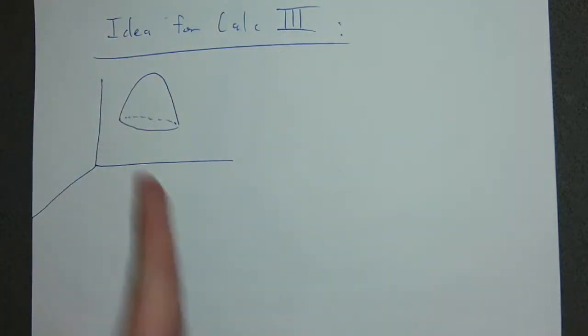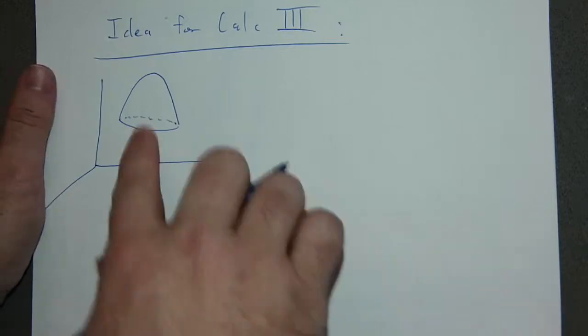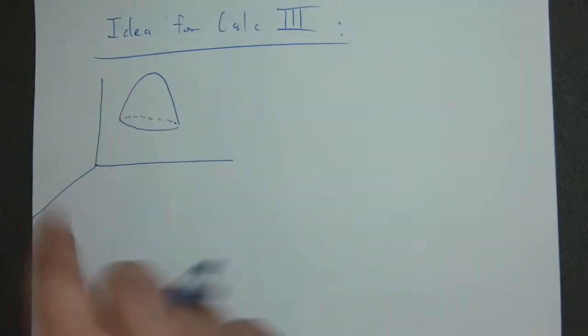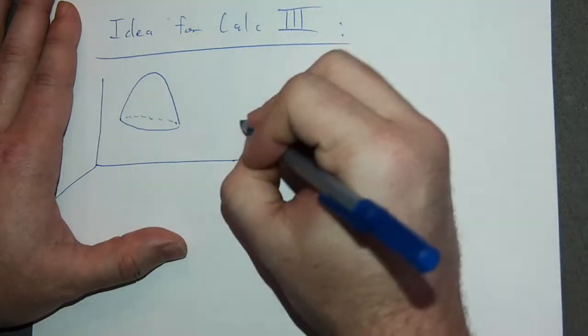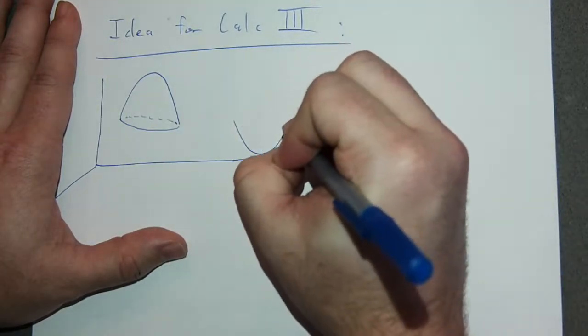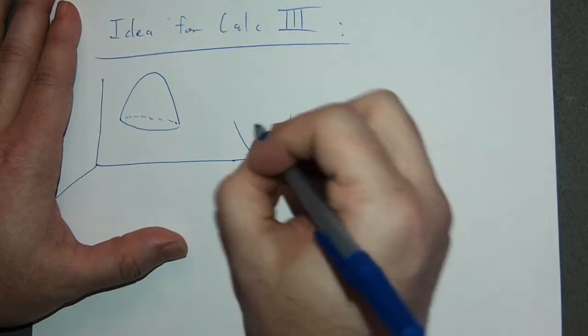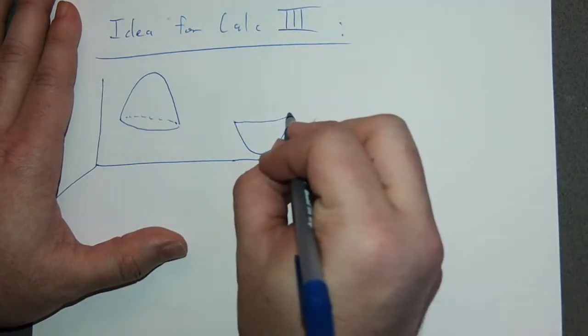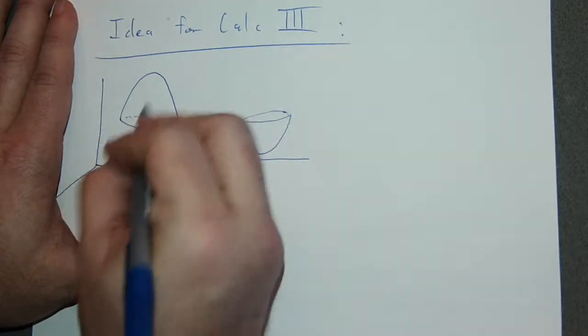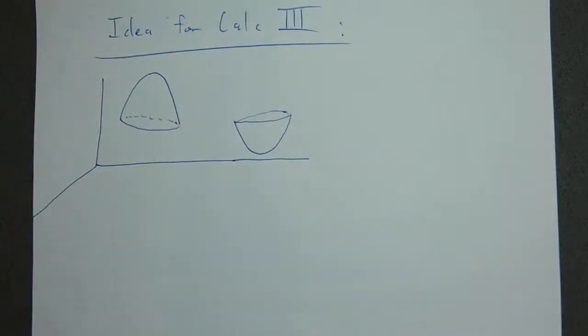So we have some graphs, and maybe at this part of the graph it looks like a hill, but maybe over here there's a part of the graph that looks kind of like a bowl, right? And maybe it kind of looks like a bowl over here. So there it looks like a hill, there it looks like a bowl.